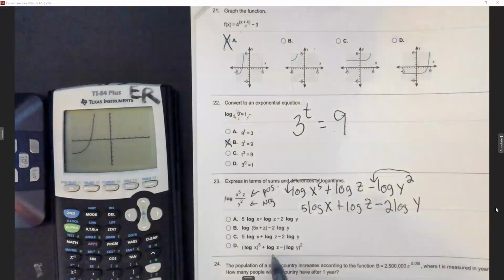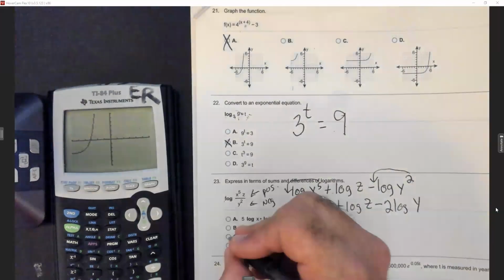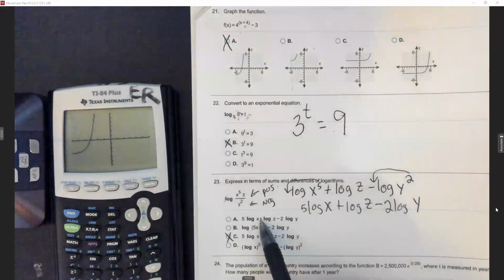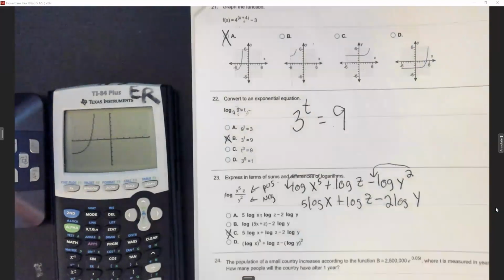Ooh, watch out too. Some of these look like multiplication in here. We don't want that. So I want 5 log x plus log z minus 2 log y. So I want c. But y'all be very careful because that is a multiplication instead of an addition. Okay? So they get really tricky on this.